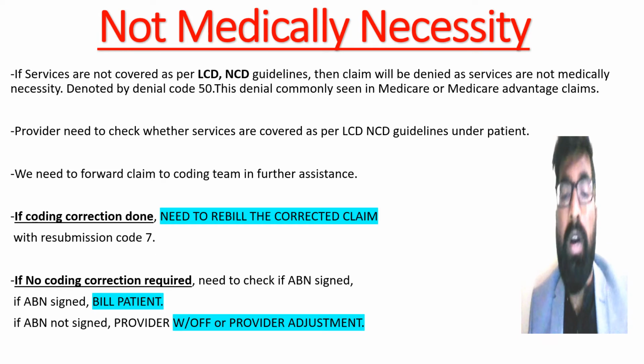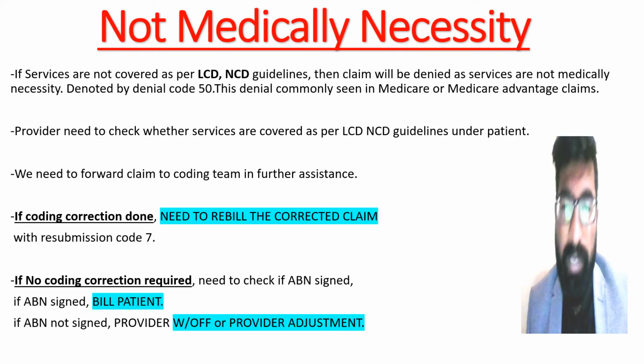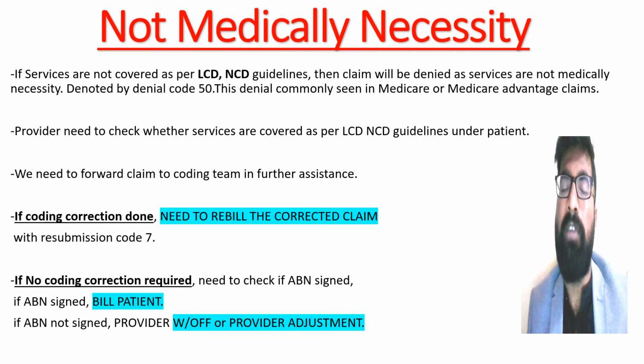If no coding correction is required, then we have to check whether the patient signed the ABN or not. Here ABN is the Advance Beneficiary Notice, given under Medicare guidelines for non-covered services.